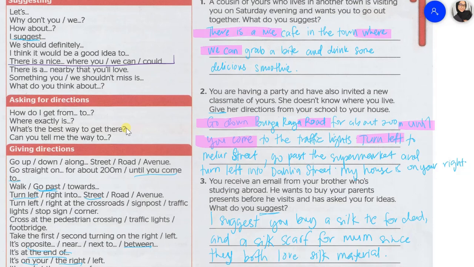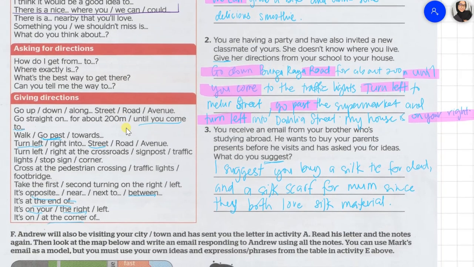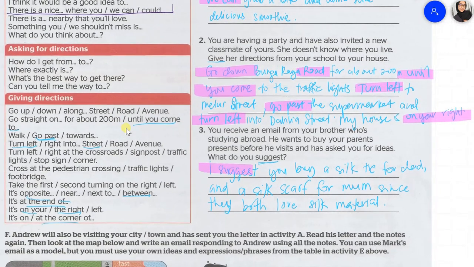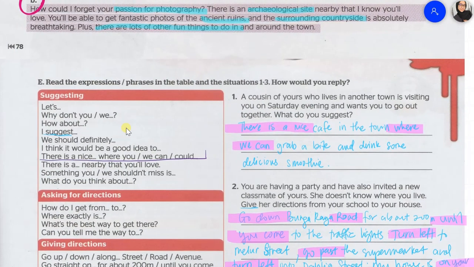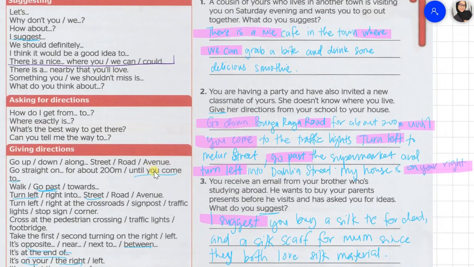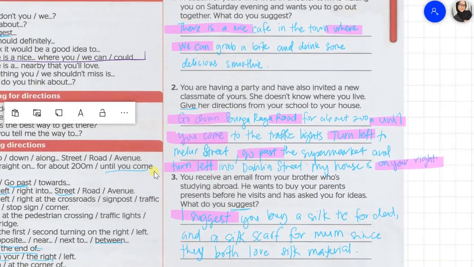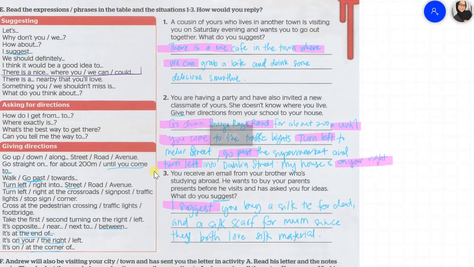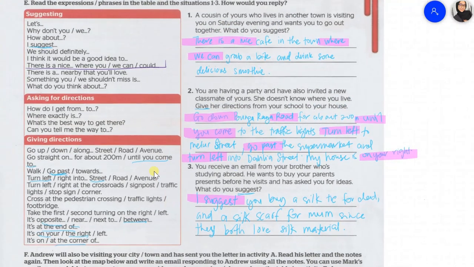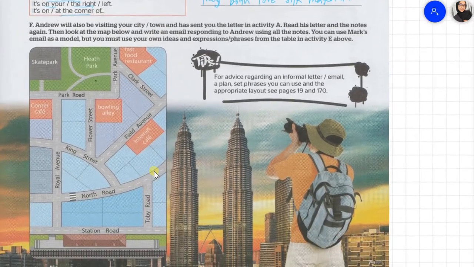Turn left, go past, turn left again, on your right. Okay, and then the third one, I think we just use this one, I suggest, can, and you can use other things, other expressions here. Okay, so there you go. So basically you need to write down your own sentence. Okay, so this is just my suggestion. I want to see your own sentence. Okay, now let's move on to the next task.